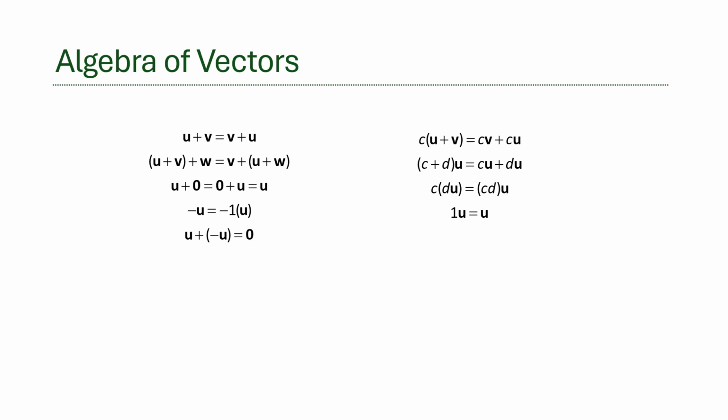And the rules on the right-hand side, these just establish some basic scalar rules. We've got a couple of distributive properties in the first two, and an associative property with the third one. I'm not going to prove any of these. I encourage you to give proving them a try. The proofs really all just are based on the definition that to add two vectors, we just add their individual components combined with the corresponding properties of real numbers.